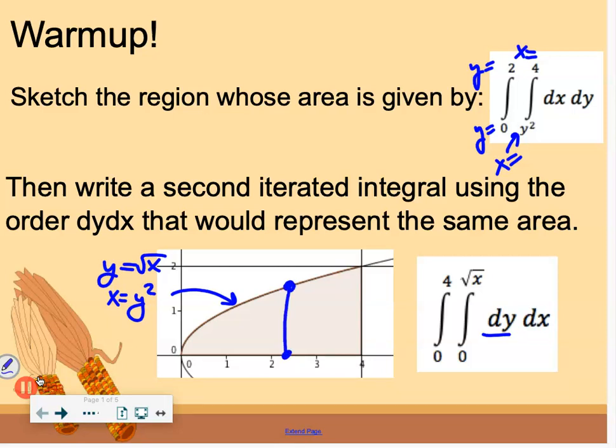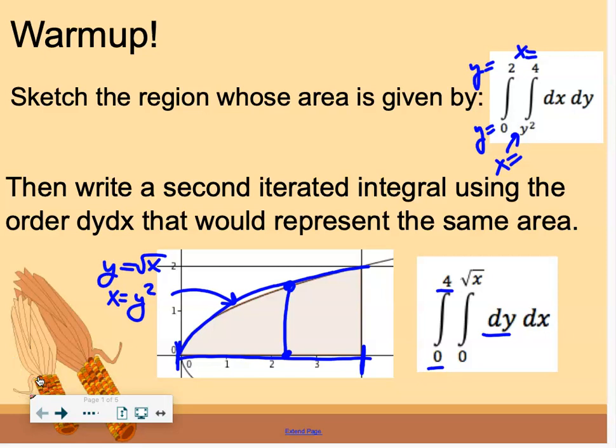Remember these are functions and these are constants, like starting and ending values. Our bottom function is y equals 0. Our top function is y equals root x. Then you ask yourself the starting and ending x values. I'm starting at x equals 0. I'm ending at x equals 4.